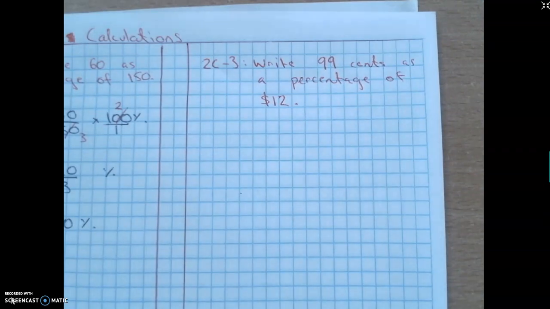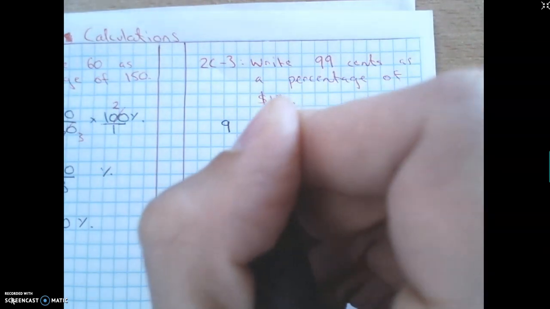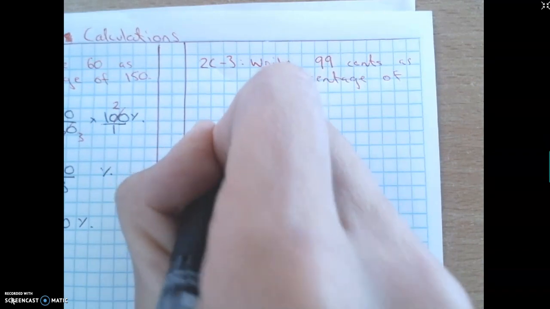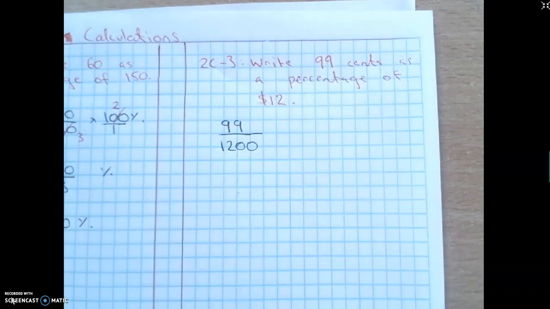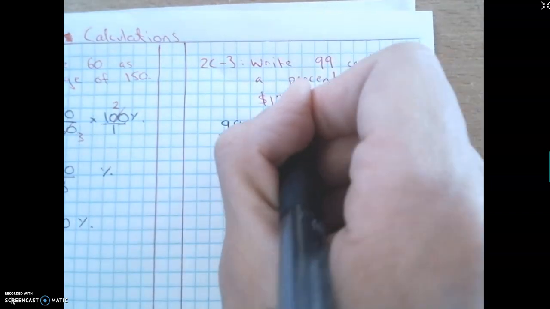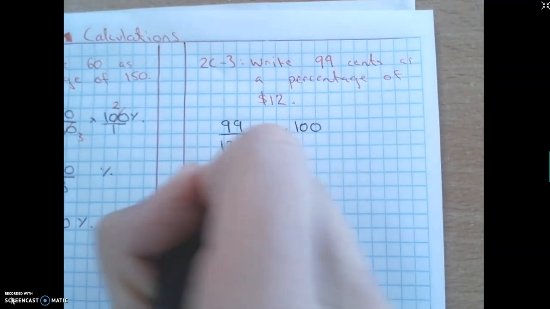So the percentage would be 99 over 1,200. Then to convert that to a percentage, you have to multiply it by 100.